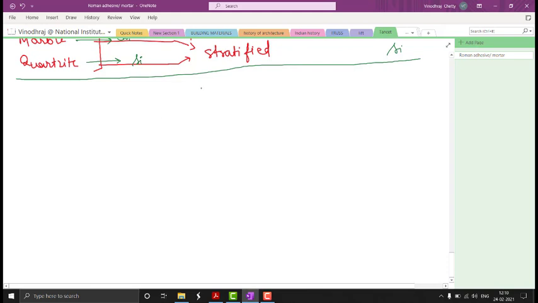Okay. So timber, basically we need to remember the section of the wood, the cross sectional wood.